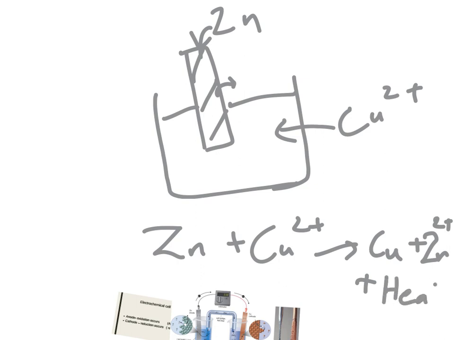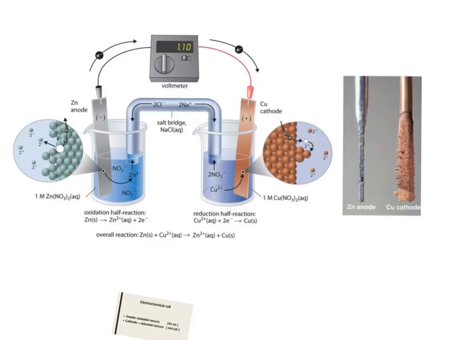What happens if we separate these two, the zinc rod in a separate compartment and copper 2 plus in a separate compartment? What will happen? That is called our galvanic cell, right? So here you can see we have immersed a zinc electrode in a zinc solution, and a copper electrode in a copper 2 plus solution.